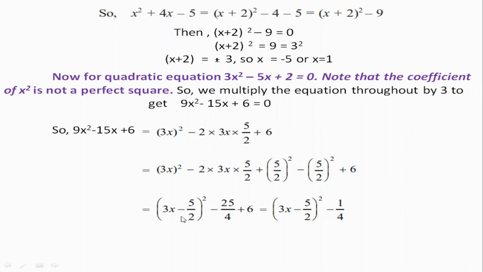So this becomes 3x minus 5 by 2 whole square. And if we solve minus 5 by 2 whole square plus 6, we get minus 25 by 4 plus 6. So this becomes, on solving, minus 1 by 4.